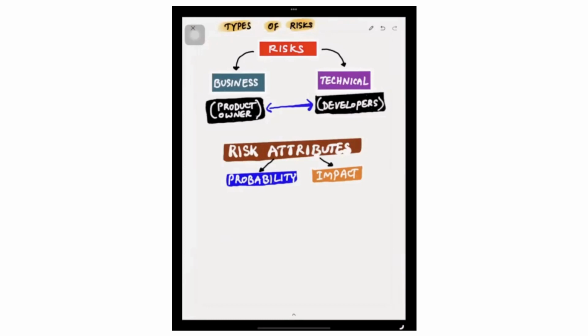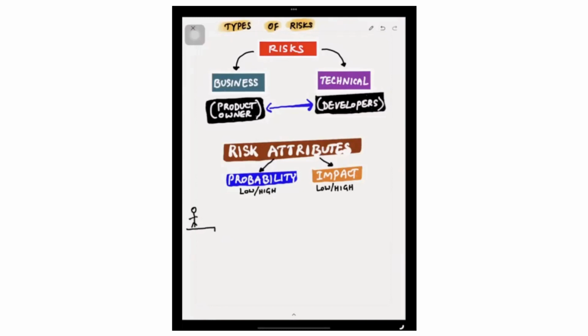So let's understand this with a simple example. For the sake of simple understanding, we will consider low or high for probability. Similarly, impact also low or high. Let's say you are walking on a road. The road is like this.